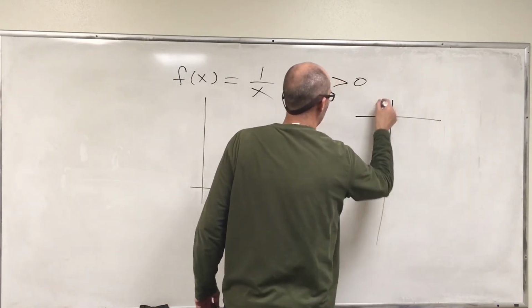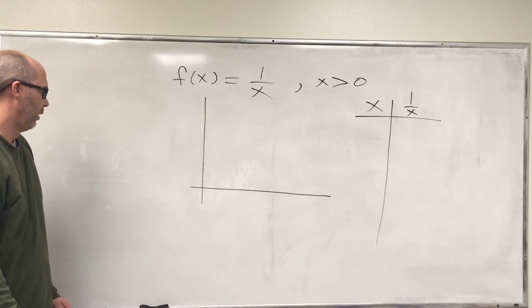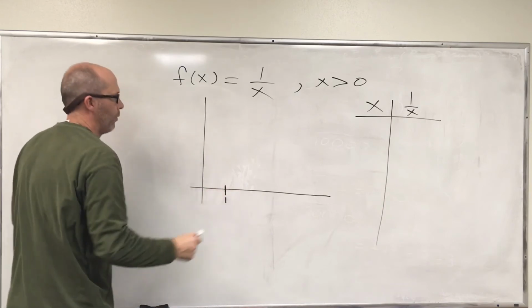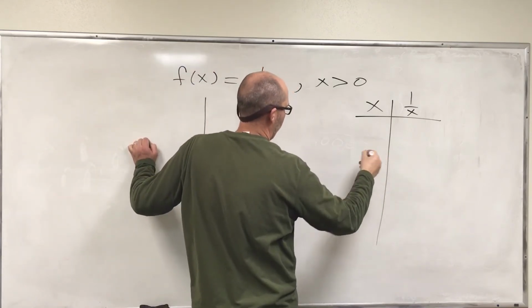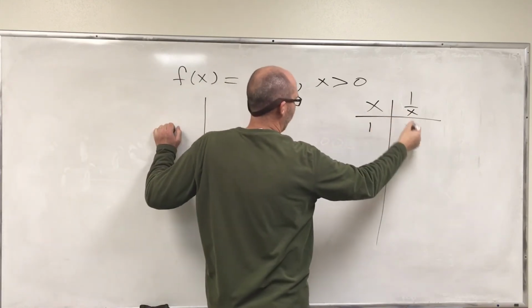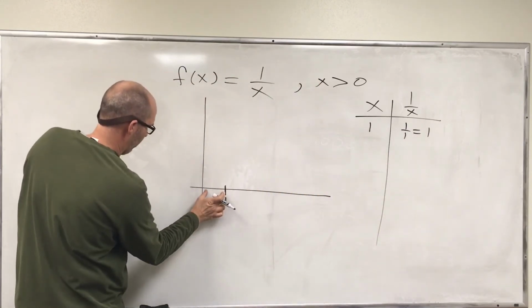We can make a little table, x, 1 over x. All right, let's put 1 there. When x is 1, f of x is 1 over 1, or 1.